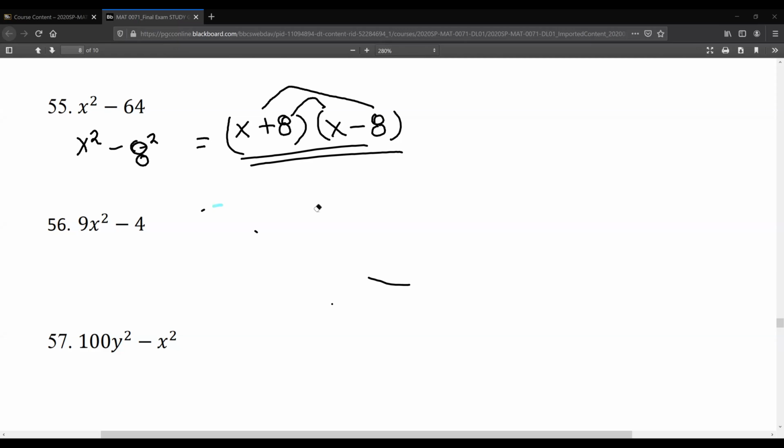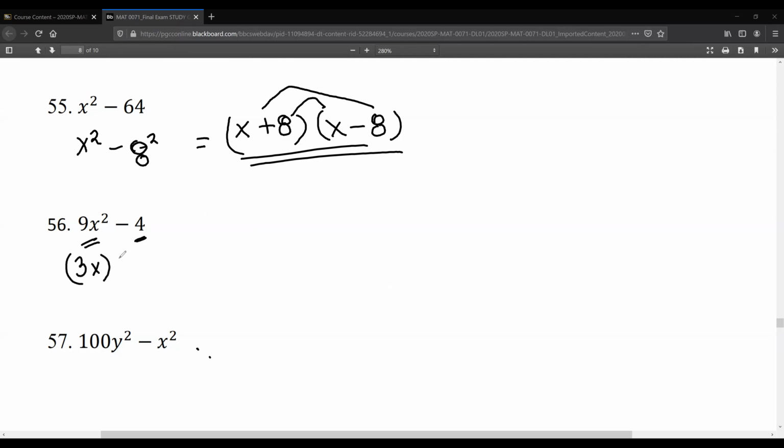All right, these are your special factorizations. So when you get to the exam, you want to make sure that you recognize your special factors. All right, so let's look at this one. What are the squares here? Anybody? 3 and 2.